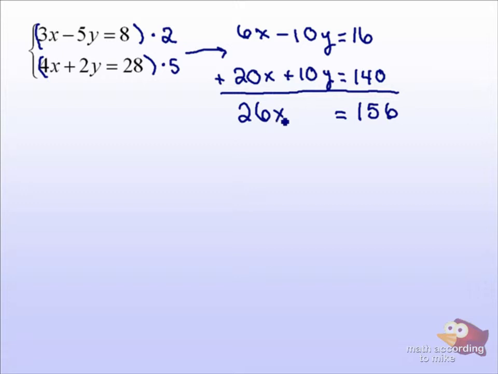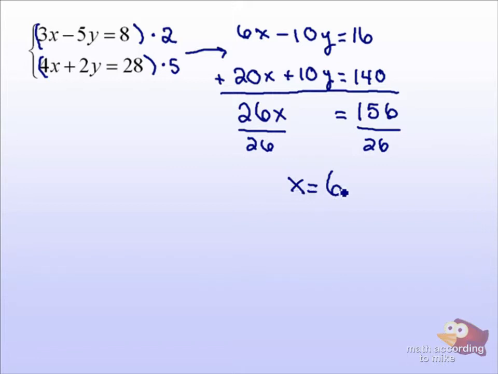Now note we're already down to one variable. 26x equals 156. Since we're multiplying by 26, to undo the multiplication, we're going to divide both sides by 26. Doing so, we get x to be 6.